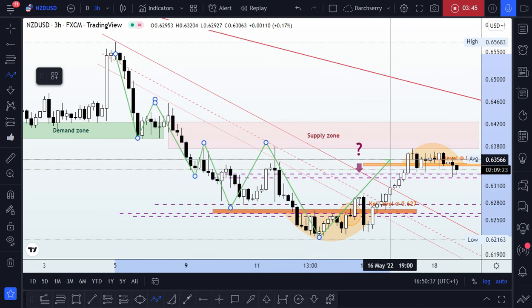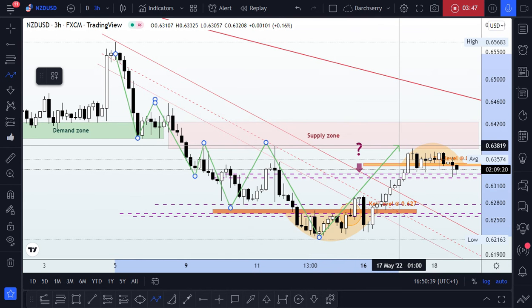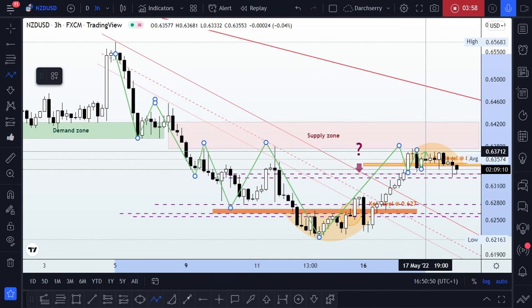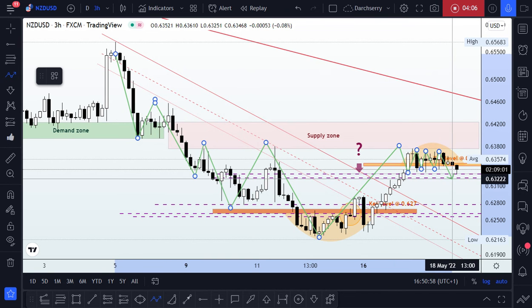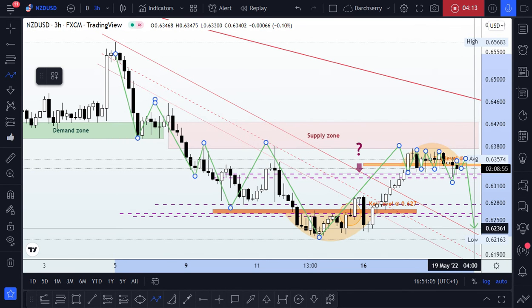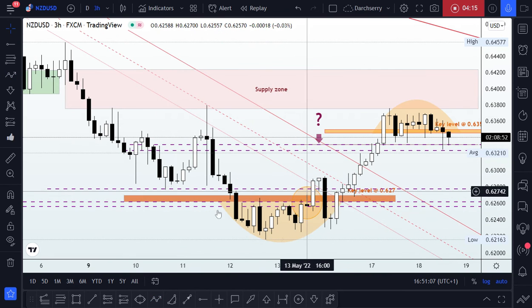Though we had a breakout of that trend line at this point, considering the long-term bearish momentum on this pair, and since this is a supply zone where sellers have been sabotaging the effort of buyers, you will agree with me that looking for signals in the form of a breakdown of structure and a retest, with patterns that confirm a downtrend continuation, looks more sensible at this point.